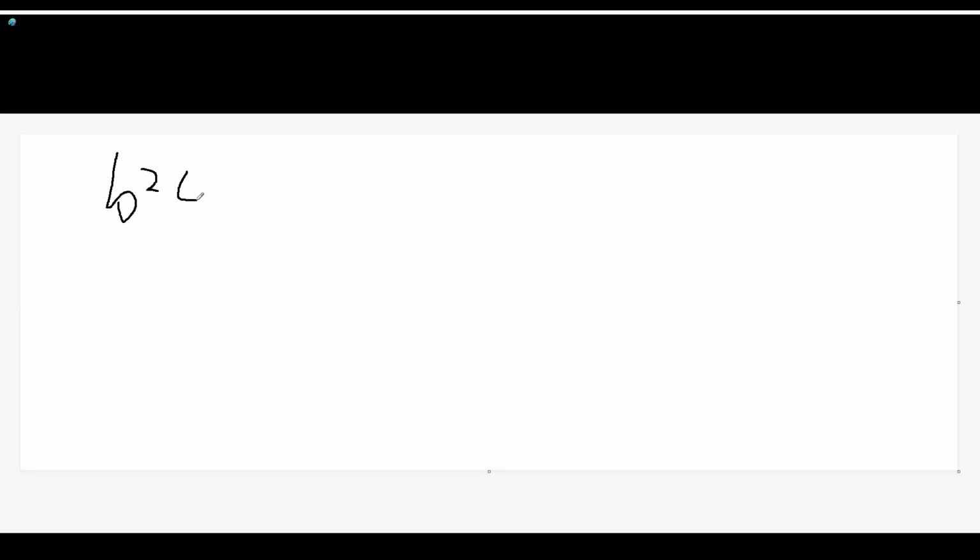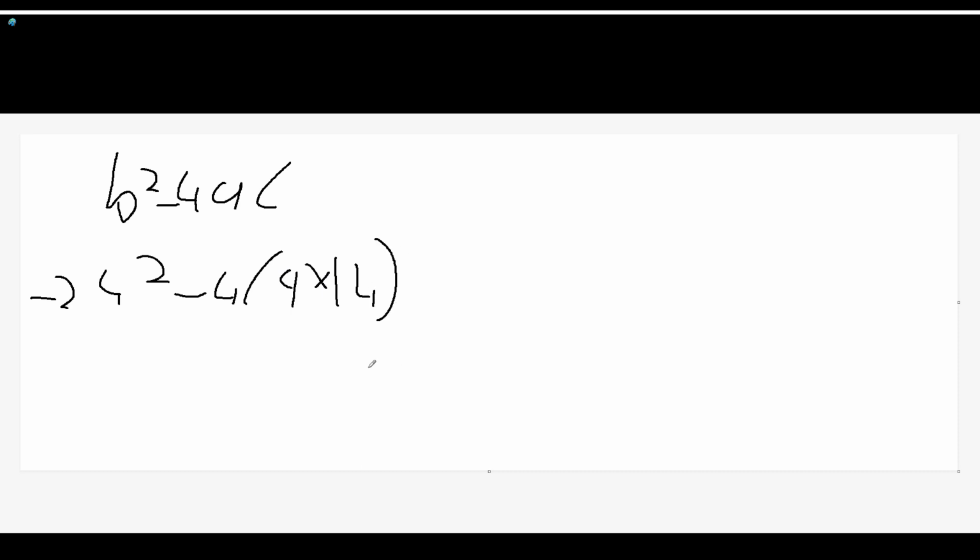So b squared minus 4ac, right? And the result of this simply would be negative 24 squared minus 4 times 9 times 14. And you can see this is going to be a positive number, right? And when it's a positive number, it means there's two roots. So it means that this line meets the curve at 2 points.